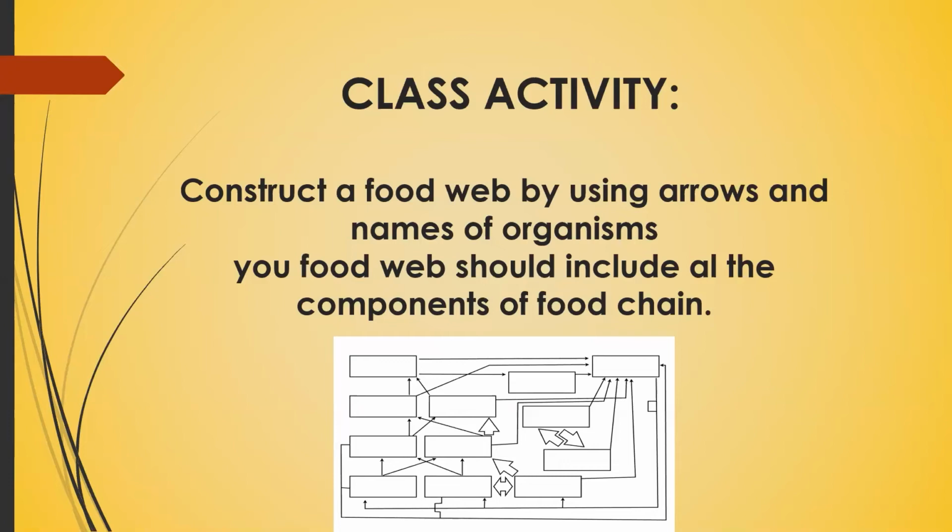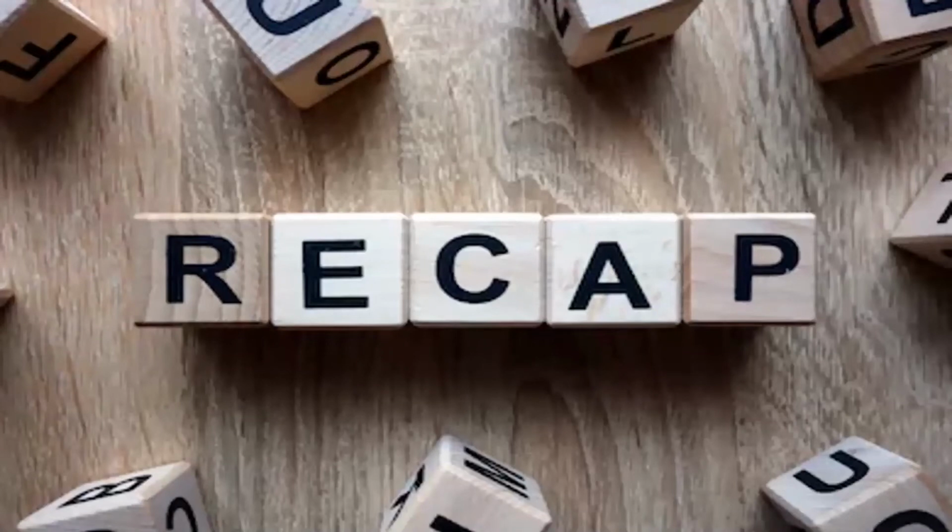Your food web should include all the components of the food chain as we have discussed previously. Students will draw and make a food web with the help of arrows and names of organisms. In this way, the activity will be conducted individually. After 10 minutes, the worksheets will be collected.